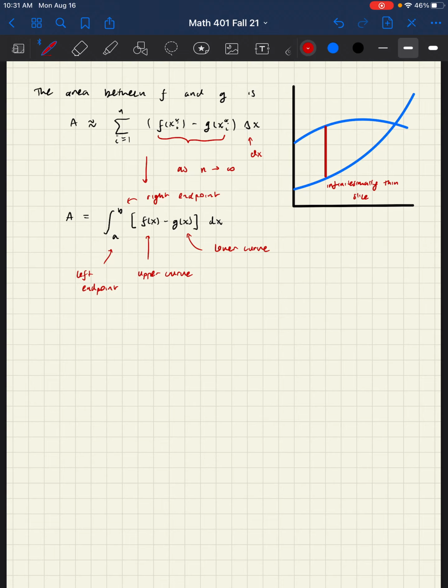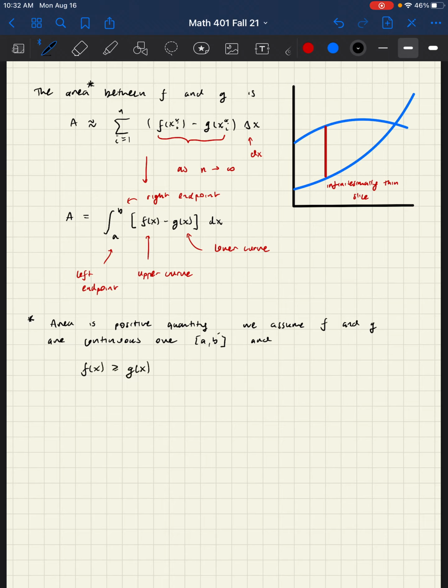Okay, and it's a positive quantity because we assume some important things. So if I put an asterisk here, all the underlying important math things that we actually need for this to work are that the area is a positive quantity and well defined because we assume f and g are continuous over that interval a, b, and we assume f of x is greater than or equal to g of x for all x in that interval.